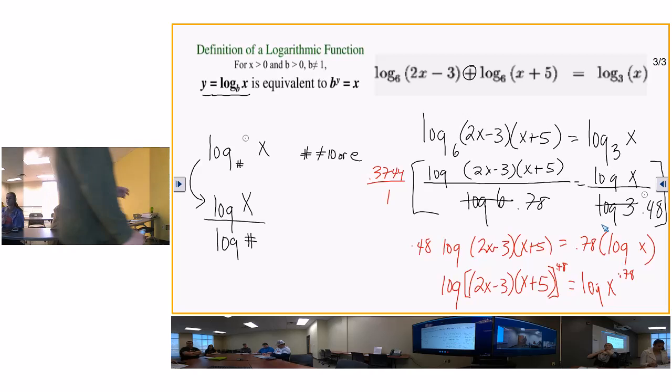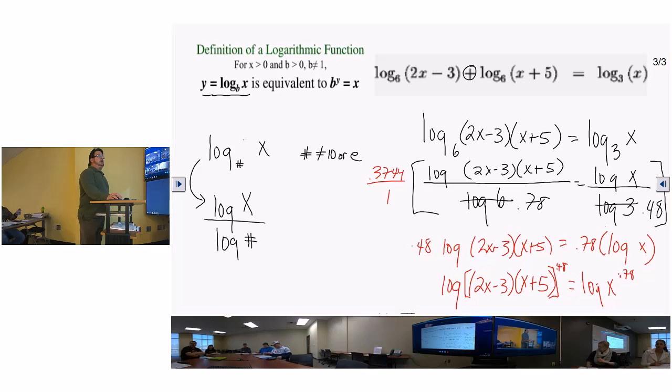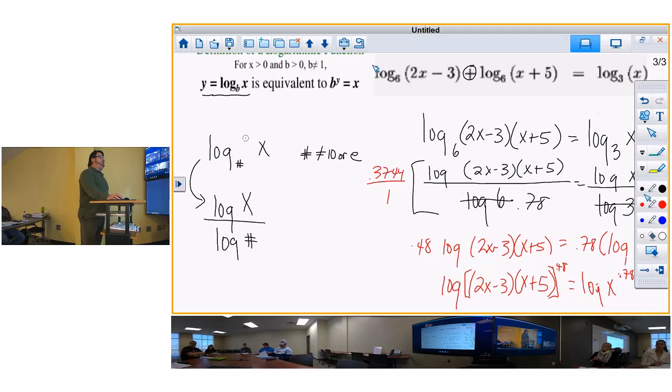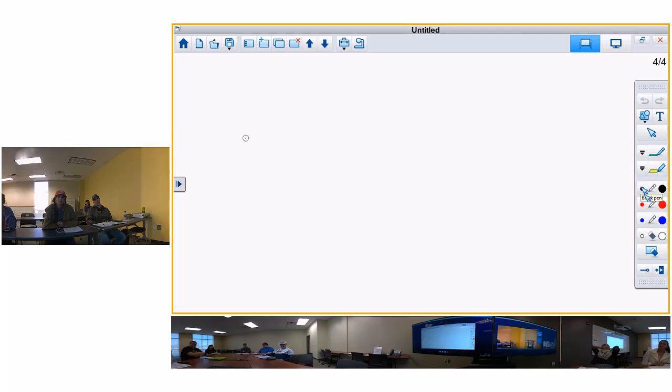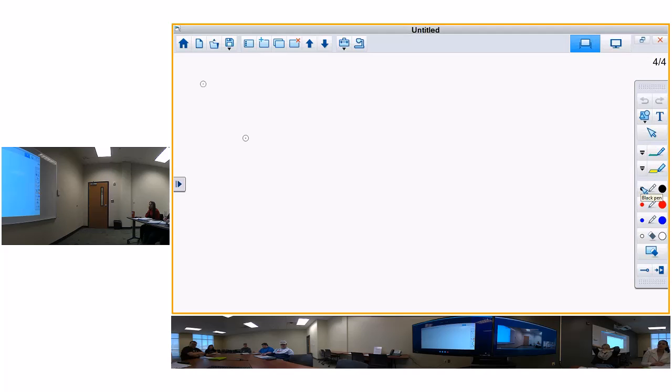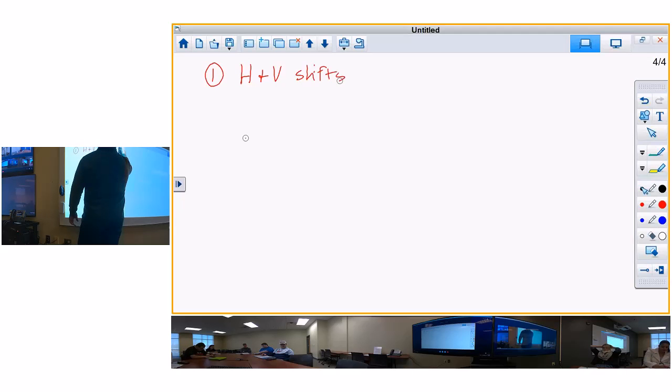So now you've got solving, so with all the different things, logarithms, can you apply the natural log to these same properties? Yes. So you've got to learn your properties or review your properties. You need to be able to do your horizontal and vertical shifts using log and ln.